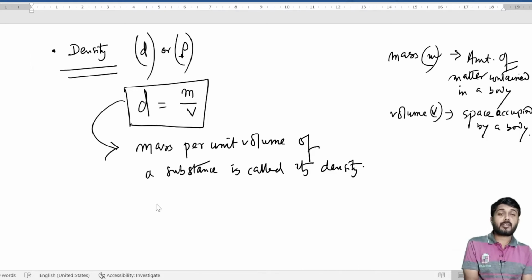How to measure the mass? Mass is simply measured with a physical balance or beam balance. How to measure the volume? Volume is measured with a measuring cylinder or measuring beaker. These are the devices with which we measure the volume of irregular solids.